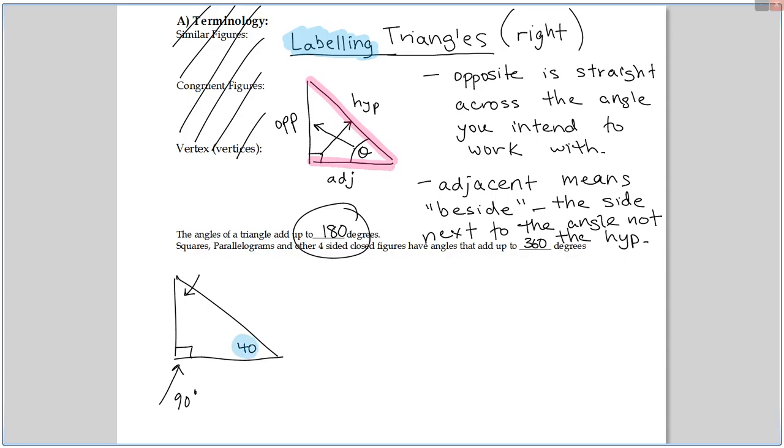So then, good. These two angles have to add up to 90. The two acute angles sum to 90. Okay? So if that one's 40, this one has to be 50.